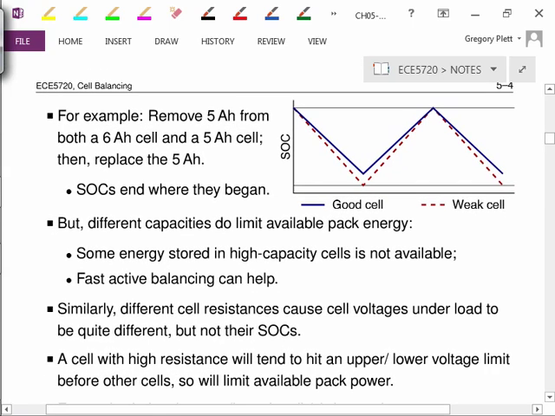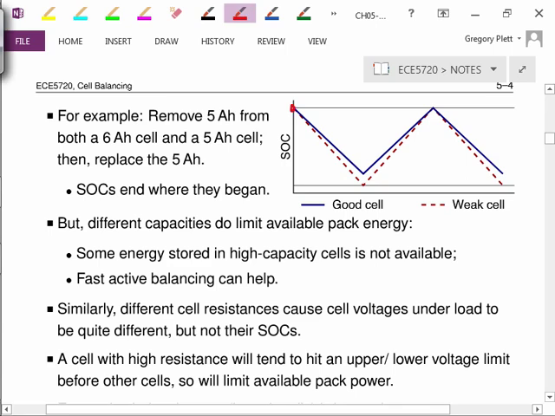Suppose I have a battery pack where I have a 6 amp hour cell, that's my strong cell, and a 5 amp hour cell, which is my weak cell. Of course, we would design the battery pack so that the capacities were the same, but over time, one of them has aged more quickly and has a lower capacity. That's the concept here.